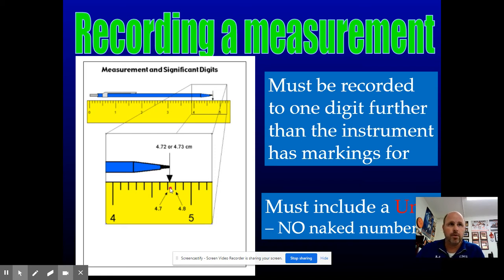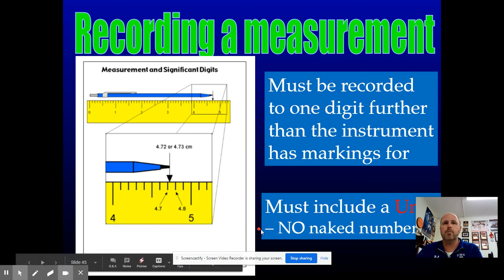If you want to call that a 2 or a 3, I think are probably the two most plausible options. You can call it 4.72 centimeters or 4.73 centimeters. I don't think you could call it 4.74 or 4.71. So you get a little bit of wiggle room, but you do have to include that last number, because that last number is our estimated number, and that leads us to know the precision of the instrument that we're using here.